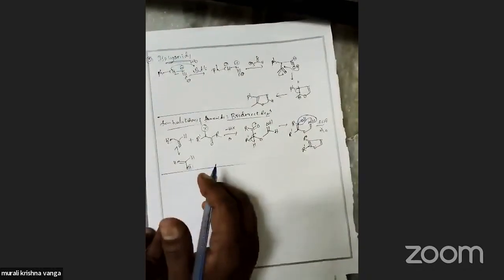Next is reactions. Oxazoles are weak bases, and their salts are unstable. Electrophilic substitution reactions take place at the fifth position.